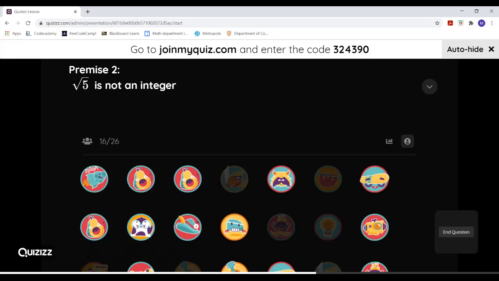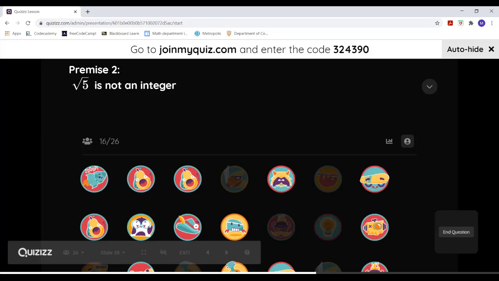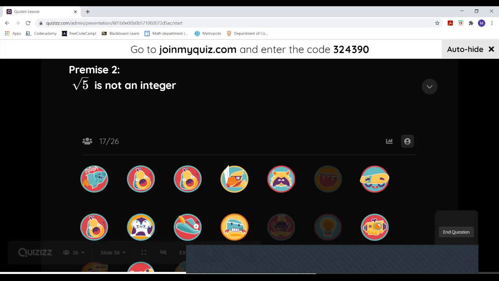So this one might take you a little bit longer to think about. Okay, so where are you drawing that relative to the real numbers? All right, come on, we got to get going on this.